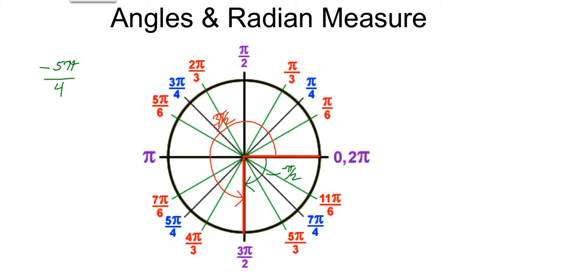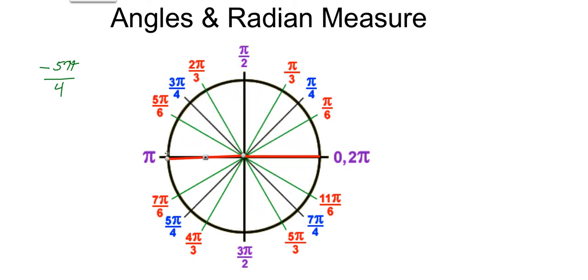The last piece we're going to talk about is linear speed and angular speed. So if we have a point that's rotating around this circle at however many radians per second, it just keeps traveling around and around. We can talk about two different types of speed.